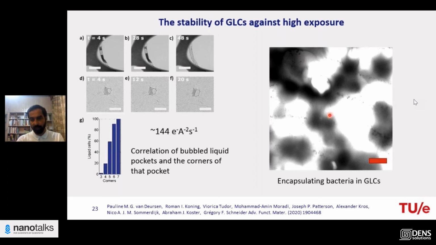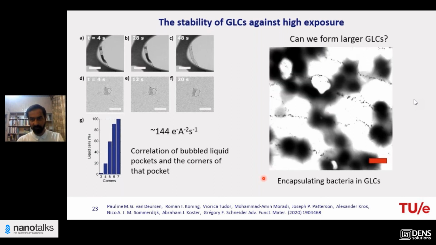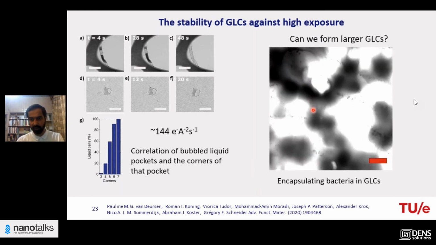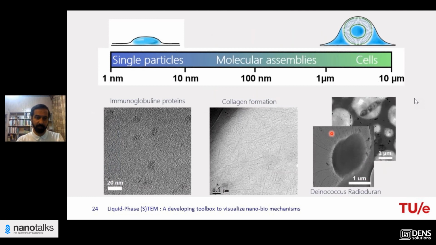So you can see here that the effective beam causes very big holes of micrometer size, and that sort of shows how big the water pockets or the water encapsulations can happen when you use graphene layers.